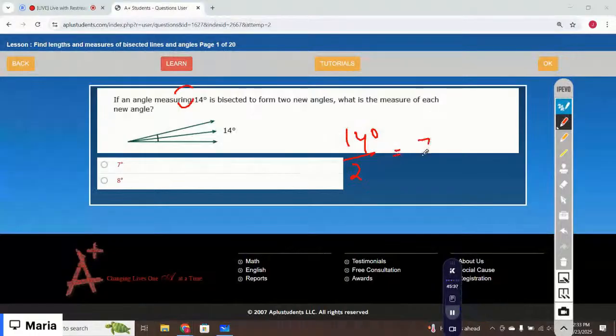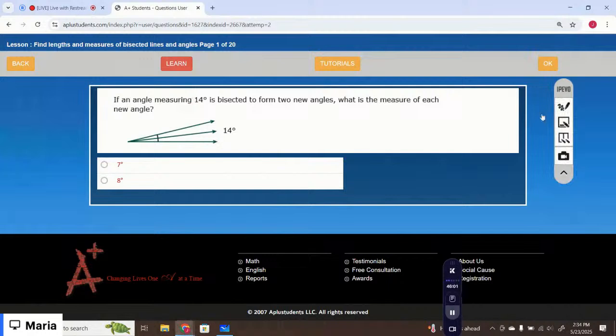We divide it into two parts, so divided by two, that is 7. Each new angle equals 7 degrees. Option number 1 is the correct option, that is 7 degrees.